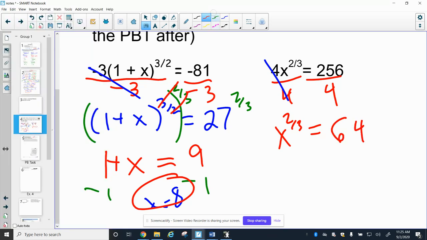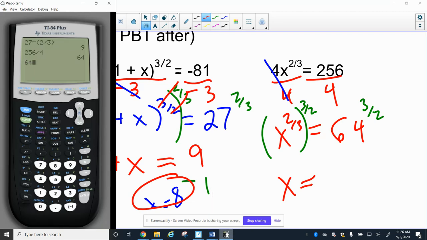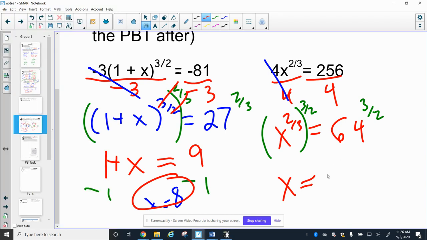Now I want to get rid of the 2/3 power. Raise both sides to the 3/2 power. x equals 64, caret key, 3/2. We get 512.